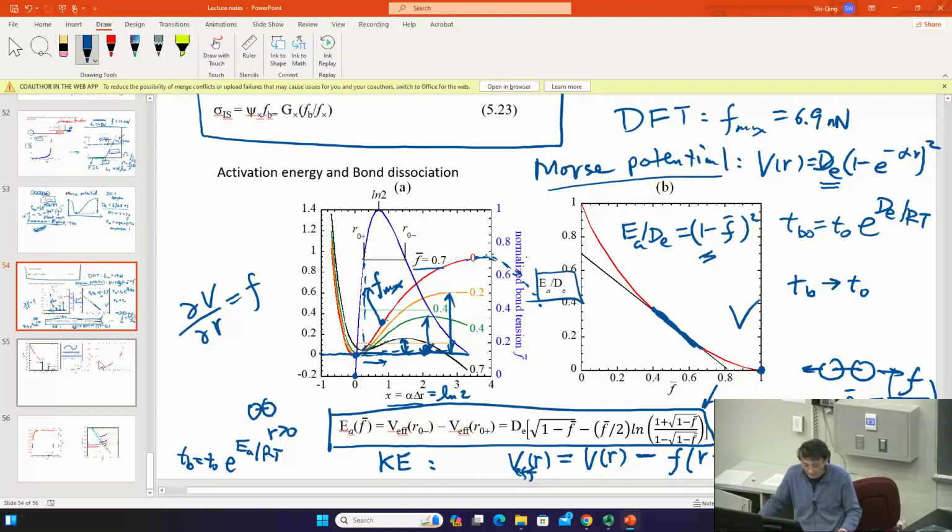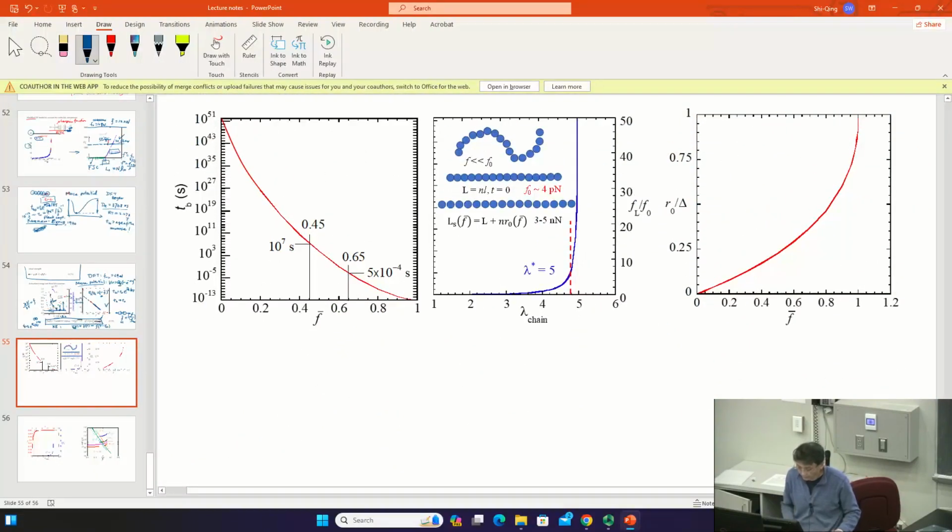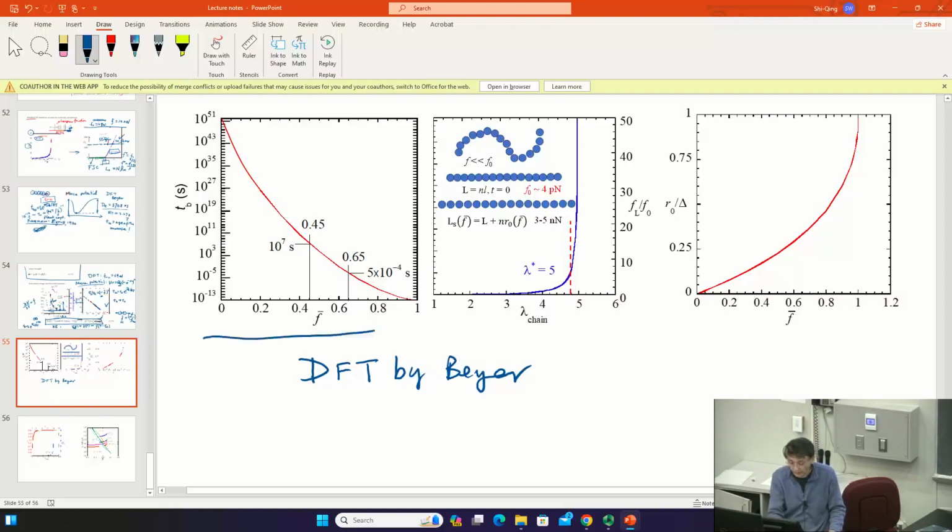Certainly, in fact, the next page shows you this calculation. This is a density functional theory calculation. Look, I want you to pay attention to it.